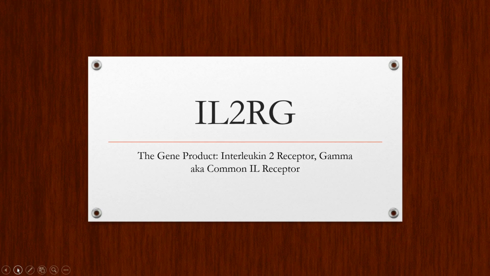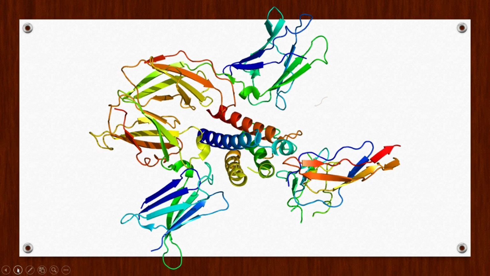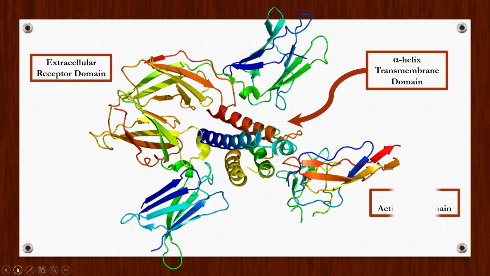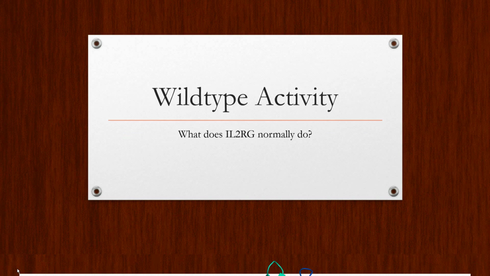So what is IL-2RG? It is known as the common IL receptor, but its true name is the interleukin-2 receptor gamma chain. It is a transmembrane protein with extracellular and intracellular domains.